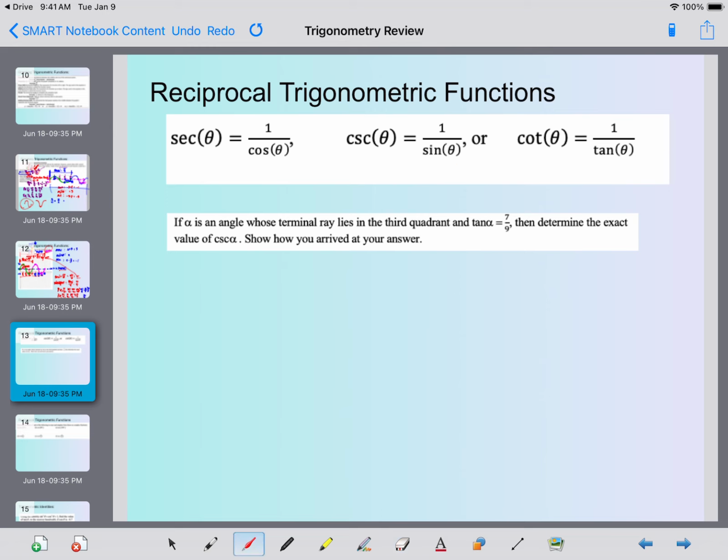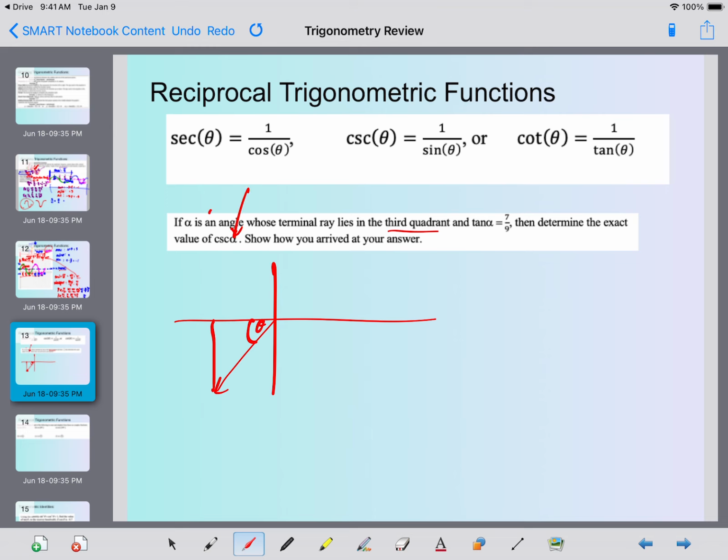So, let's do what we did before. Third quadrant. Draw your quadrants. Third quadrant, that's where the terminal ray is. Make a right triangle. Theta is going to be the reference angle with the x-axis. It's only a reference angle. We're not actually using the original angle, even though they didn't give the original angle. By the way, in this case it's actually alpha.